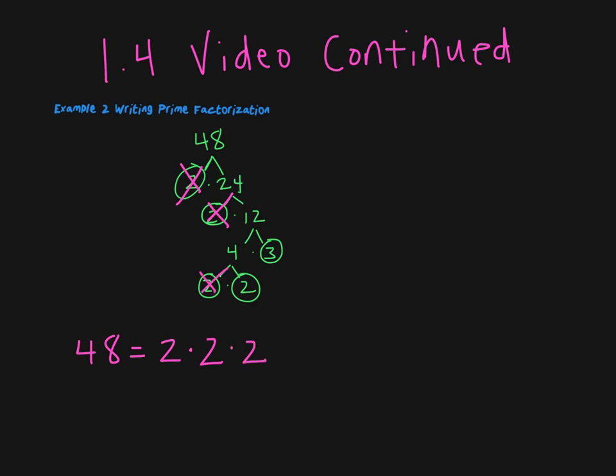Notice how I'm crossing them out as I go. It makes it a lot easier when you're trying to keep track of them. Times 2 times 3. Then I can look back and I can notice that I haven't missed any because every single one of them has been accounted for.